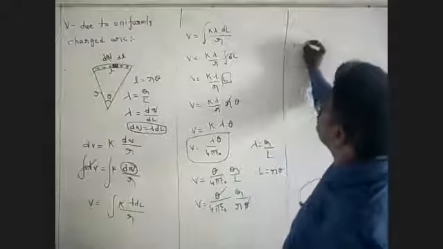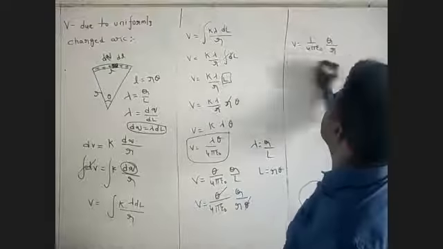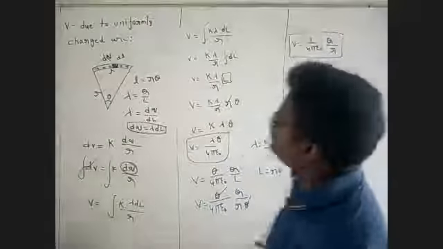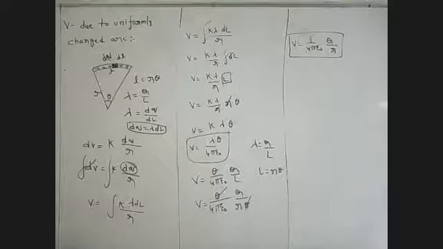So V is equal to 1 by 4 pi epsilon naught capital Q by R. That is the electric potential of the arc. That is the formula.